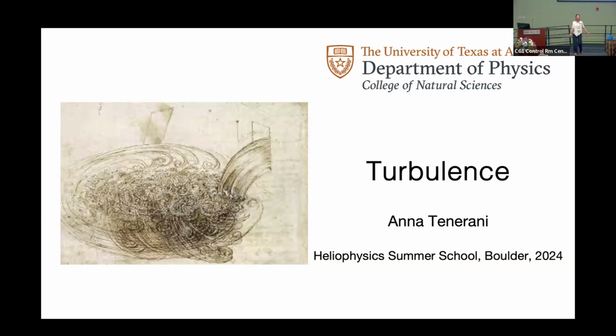Actually, I don't know what else I should say. Well, when I was your age, more or less, I was doing my PhD in Europe, working on the magnetosphere. I was working on simulations and observations of whistlers during reconnection in the magnetotail.